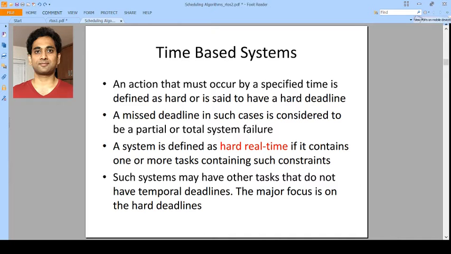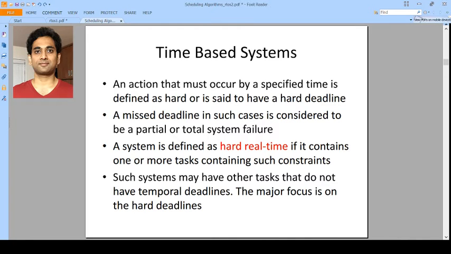One that has very strict time deadlines. If a deadline is missed, the system is a failure, period. There is no leeway in terms of whether it can be less successful, more failure. No leeway. It is either a successful time-based system or a failed time-based system.